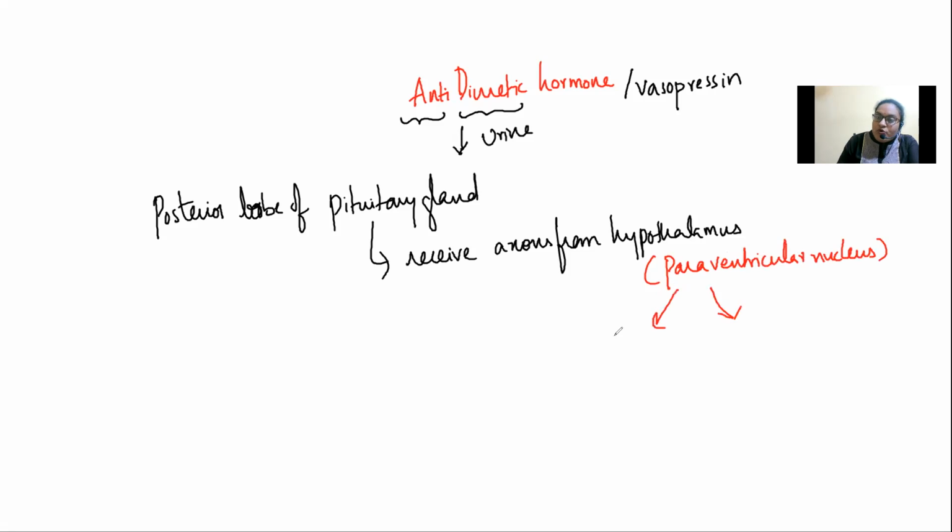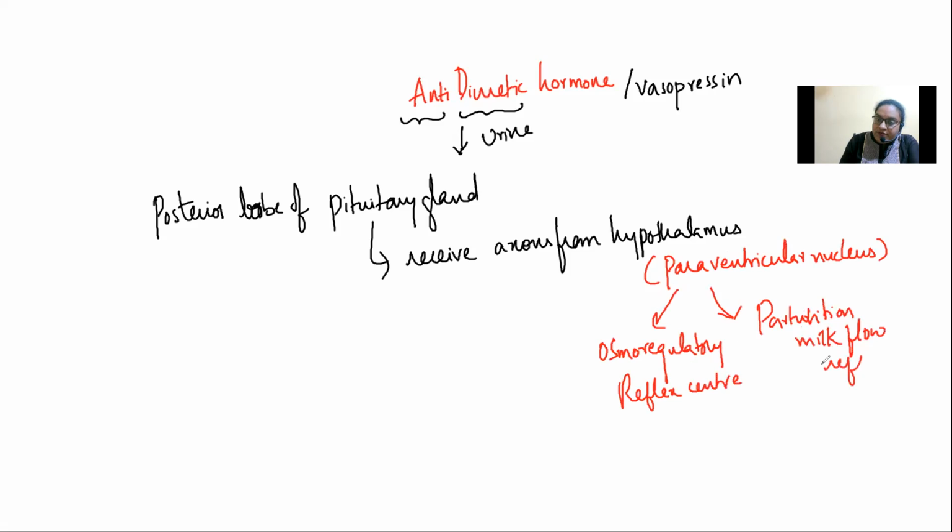One was acting for the osmoregulatory reflexes, the osmoregulatory reflex center, and the other set of neurons were for parturition and the milk flow reflex center, if you remember.